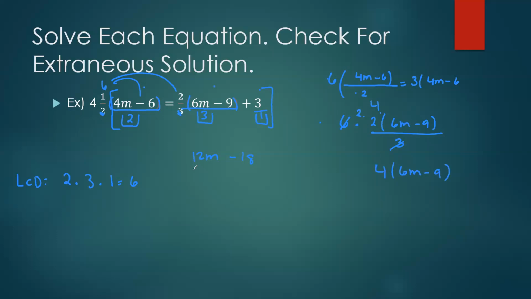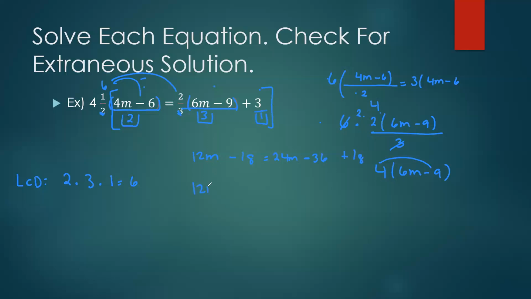So distributing that 4, it's going to be 4 times 6 is 24m. And then 4 times -9 is -36. And then the last one, 6 times 3 is 18.